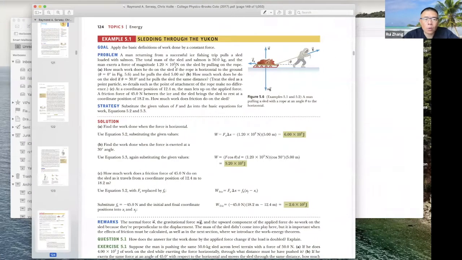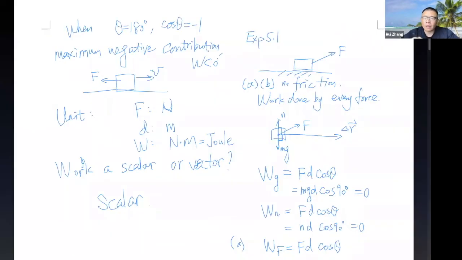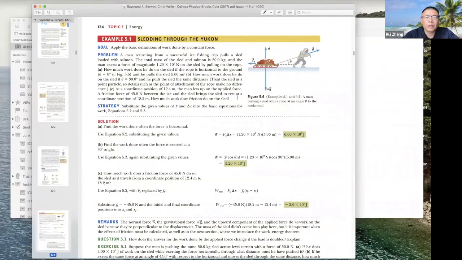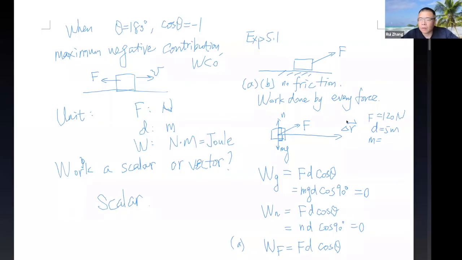F is given as 120 Newton, d is given as 5 meters, and m is 50 kilograms. Let me write them down here: F is 120, d is 5 meters, and m is 50 kilograms.